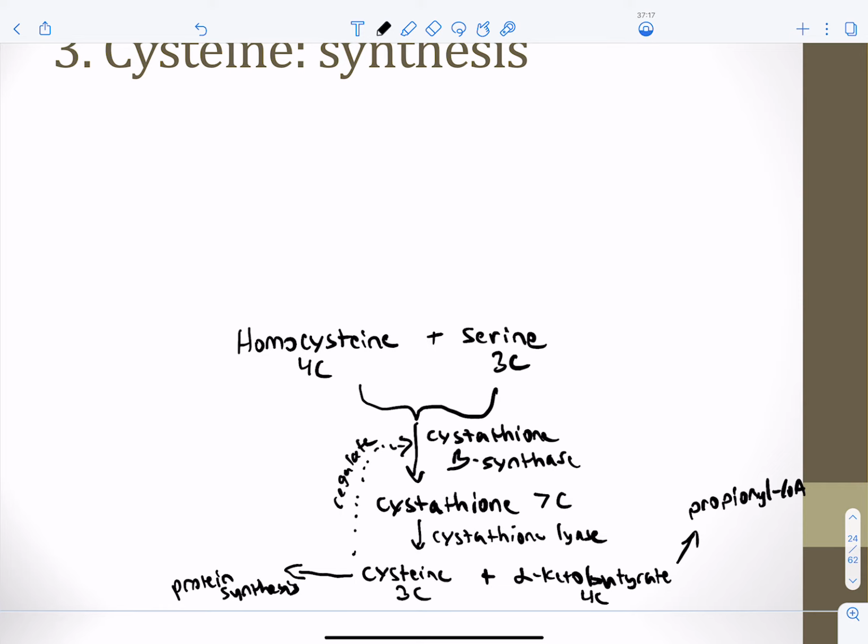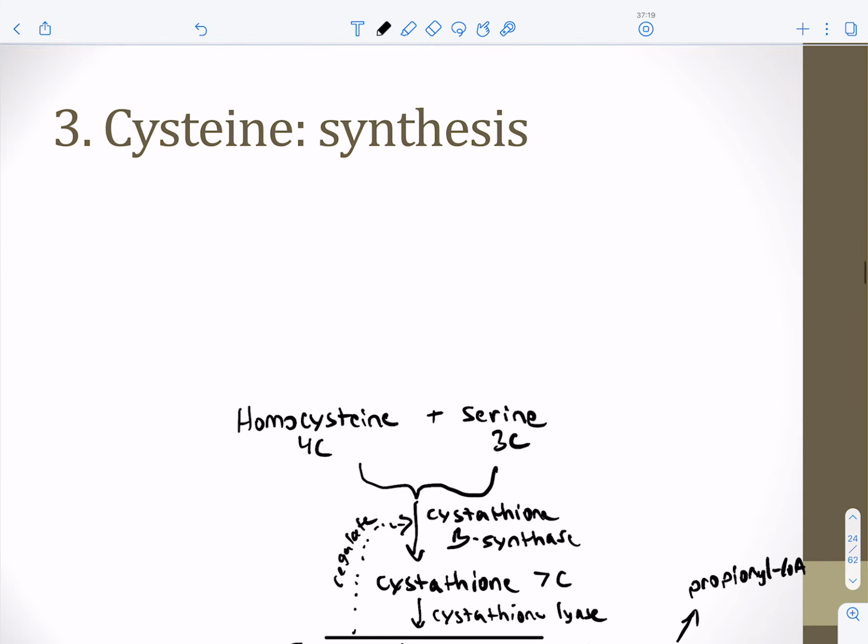Okay, but so where does methionine come into all this? Well, methionine is going to feed back into homocysteine. So we have our methionine synthase. And this is going to require an N5-methyl tetrahydrofolate.